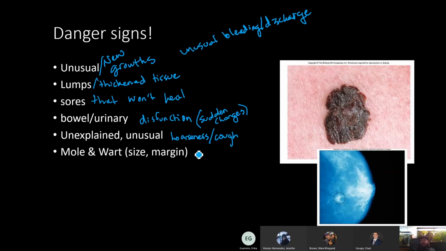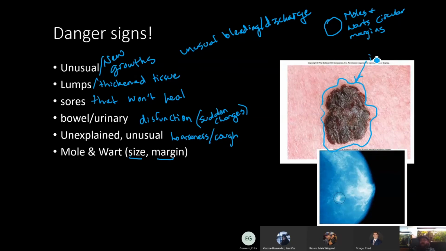Moles and warts. So new moles and warts, especially pay attention to the size and the margin. So this here is an irregular margin. Common moles tend to have a pretty regular margin. They tend to have pretty circular margins. Whereas skin cancer growths will often have irregular margins.